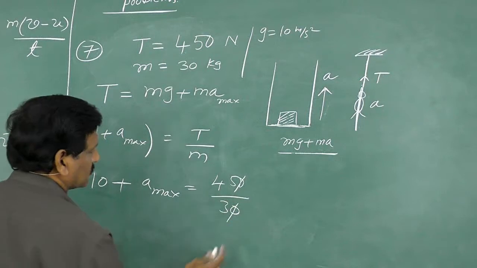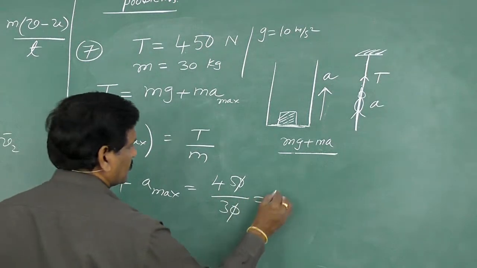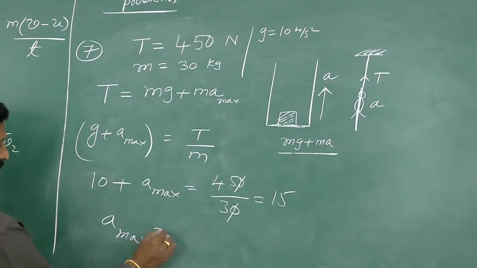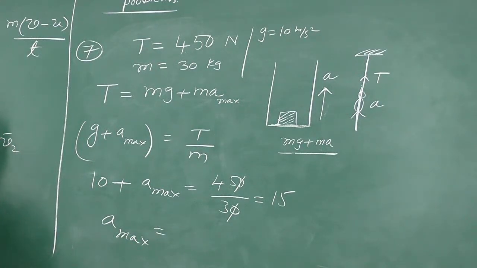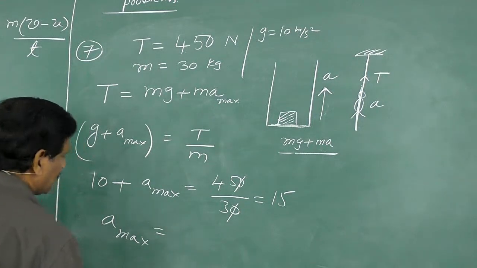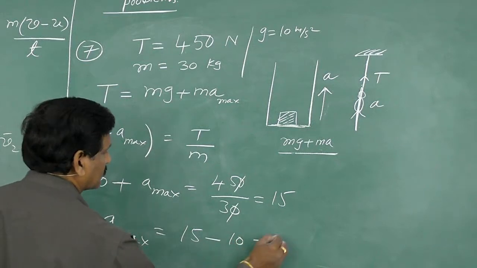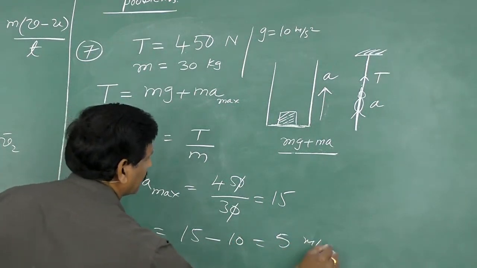So, 30 cancel, this is 15. So, a maximum, the maximum acceleration with which the man can climb the rope safely, is 15 minus 10. This is 5 meter per second square.